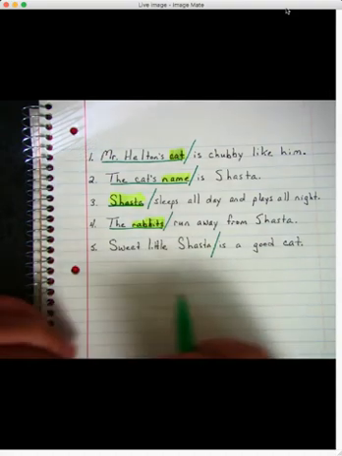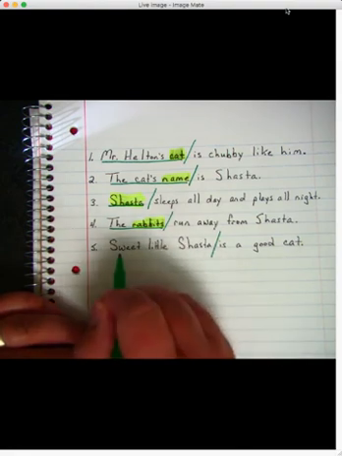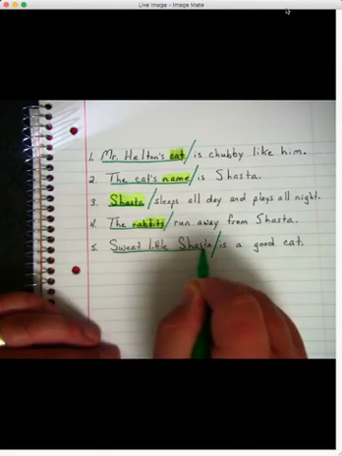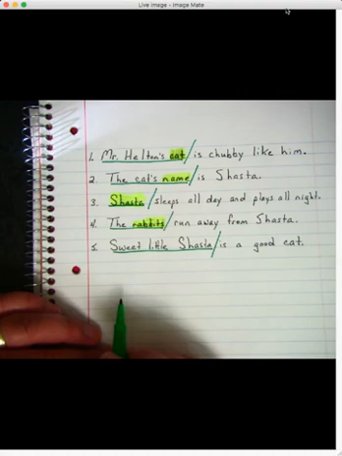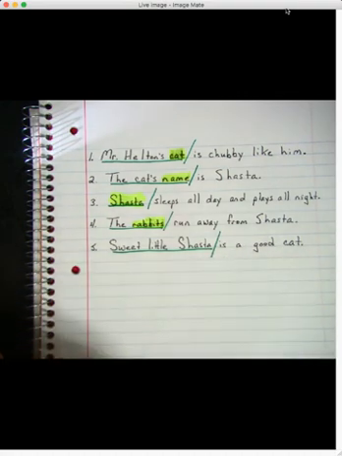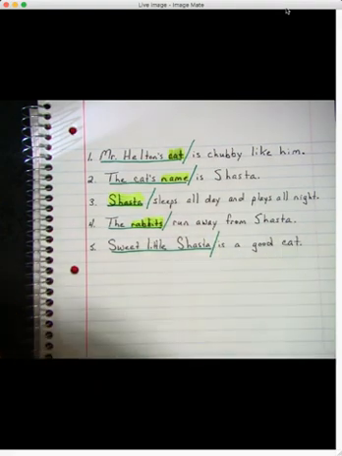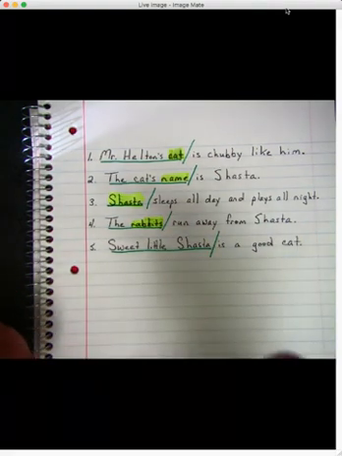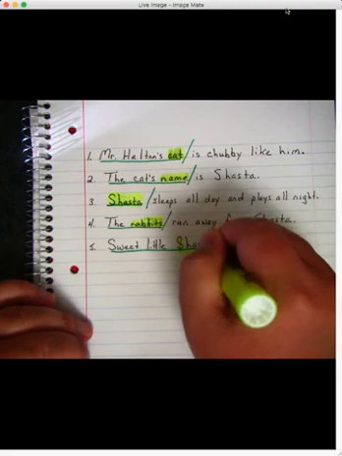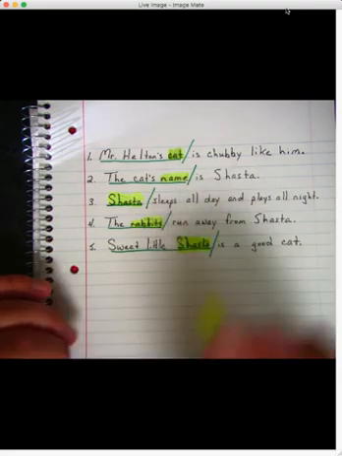Well, we better do the complete subject first, hadn't we? All the words are sweet little Shasta. And then what is she or what does she do? She is a good cat. And what's the one word? Sweet is a good cat? No. Little is a good cat? No. Of course, Shasta is the simple subject. Shasta is a good cat.